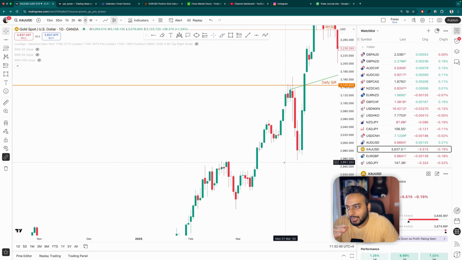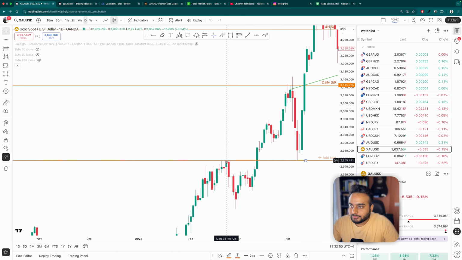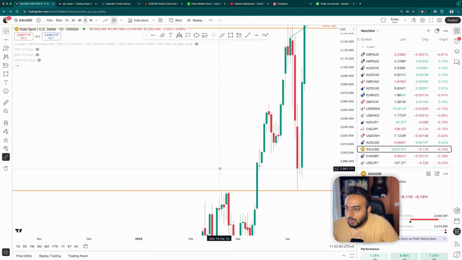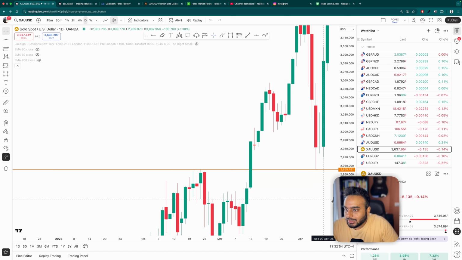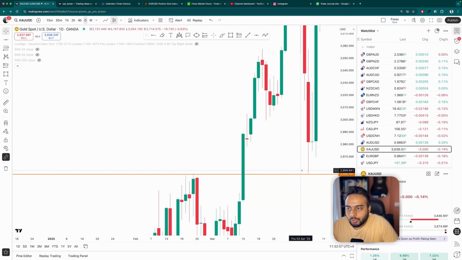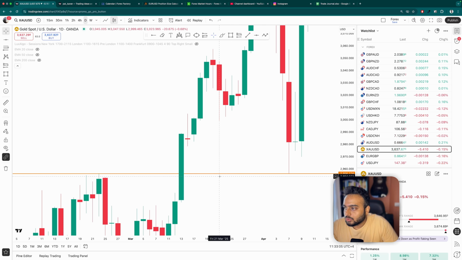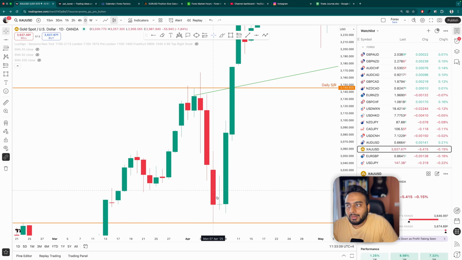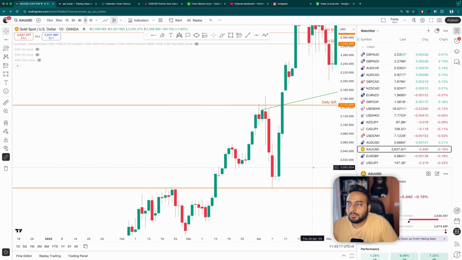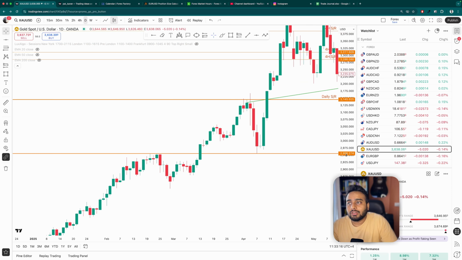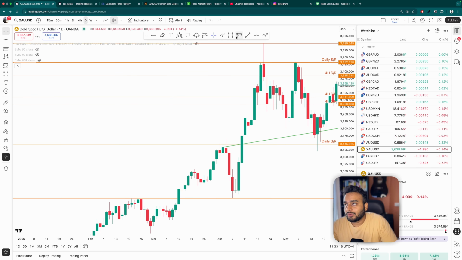So if you see right here, we call this resistance for this one, but support for the other. Now imagine how price moved exactly further away from here, from exactly around this place, almost to the pip, and it gave a reversal pattern. If a person would have entered a trade, even on the daily candles, imagine the risk to reward. And in how many days it happened, check that.